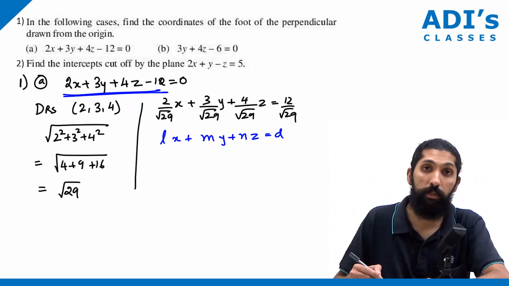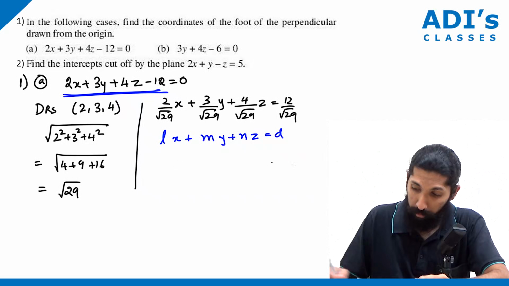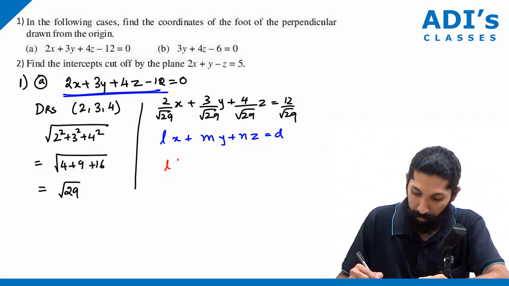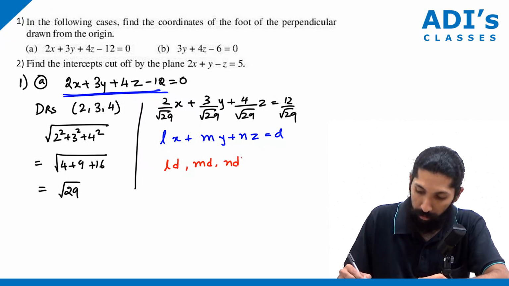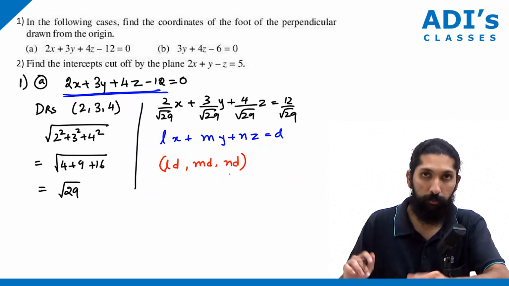Once you have this, we can calculate the coordinates. The coordinates are given by what? The formula becomes L into D, comma M into D, comma N into D. This is not an equation, more like the formula for the point.